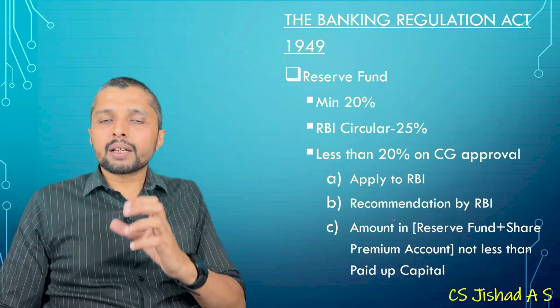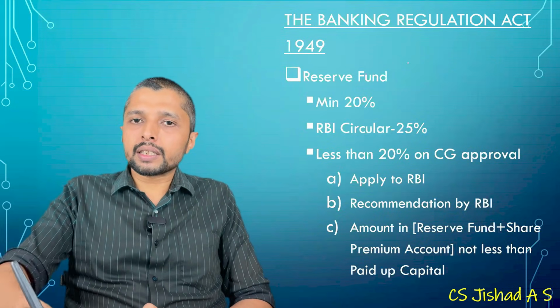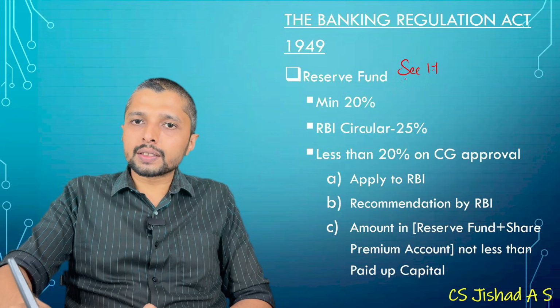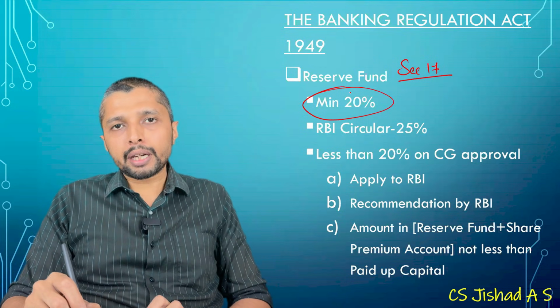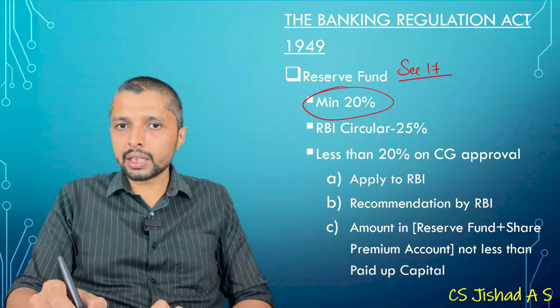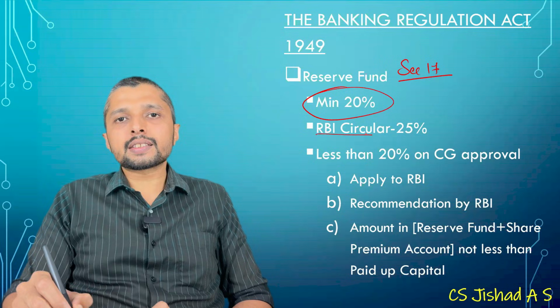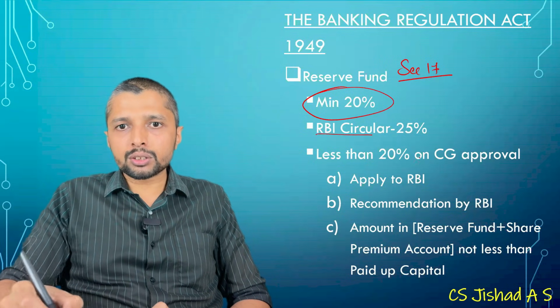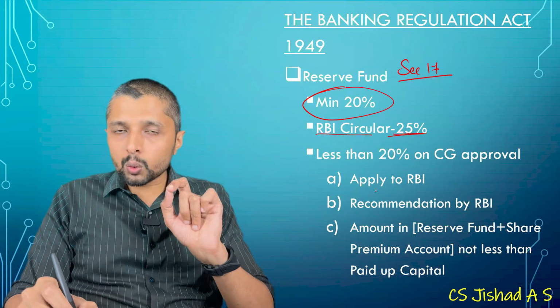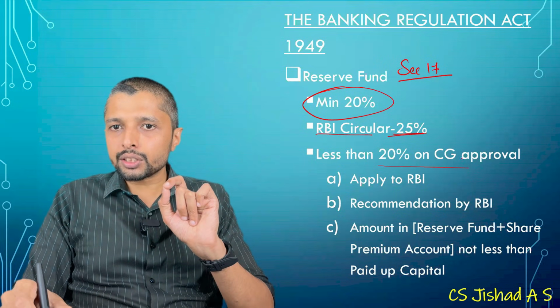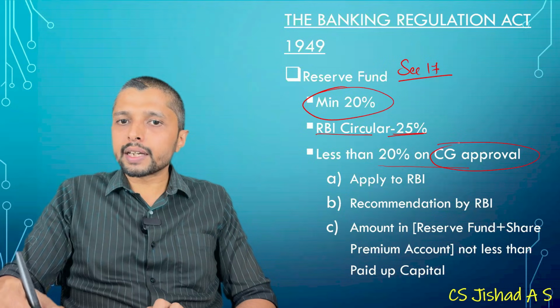Okay, then with respect to section 17, there is the provision of reserve fund. Reserve fund minimum 20% has to be maintained by every banking company, but RBI circular has requested every bank to keep 25% to the reserve fund. If you want to keep less than 20%, you have to keep on central government approval.